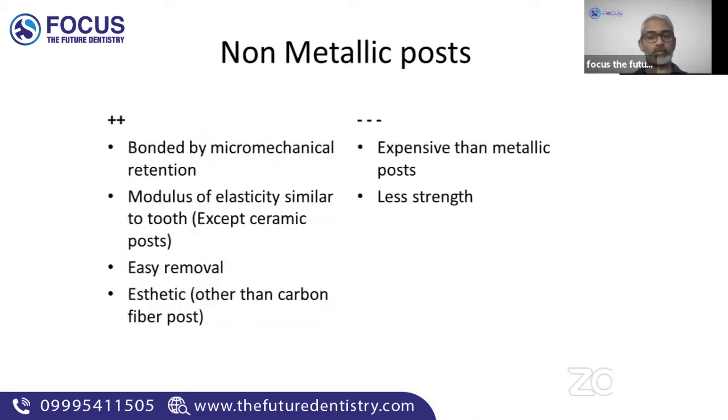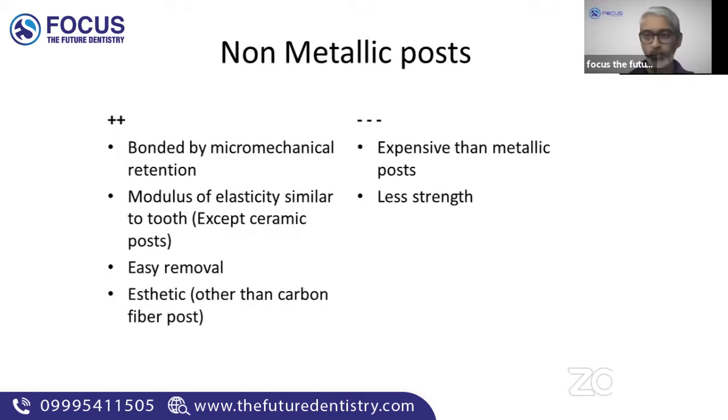Whereas non-metallic posts have now captured the market, mainly because they are all bondable nowadays by micromechanical retention. Just like how you bond your composite, you can bond your post to the root dentin. The main advantage with these non-metallic posts is that their modulus of elasticity is similar to the tooth. The exception is your ceramic post. And removal is much easier.